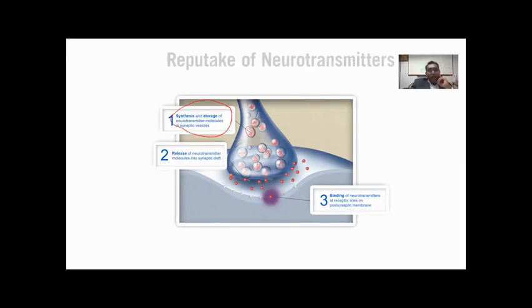And once information reaches the end of the terminal button of the presynaptic neuron, then there is the release of neurotransmitters into the synaptic cleft. The third step is binding, where these neurotransmitters get bound to the specific receptor sites of the postsynaptic neuron.